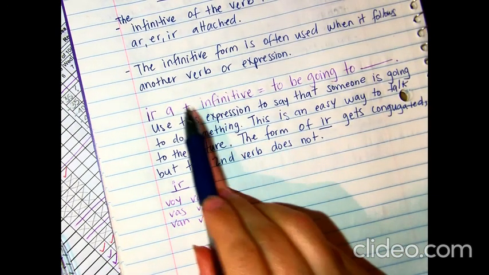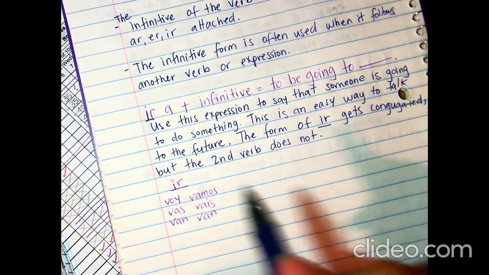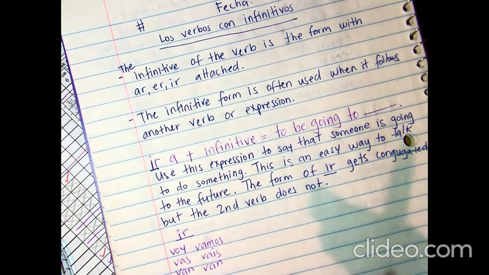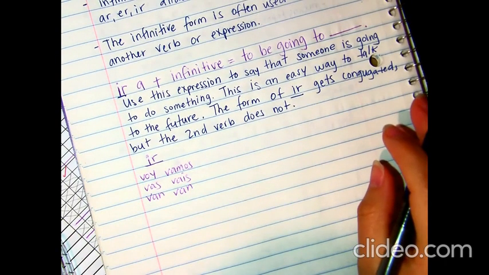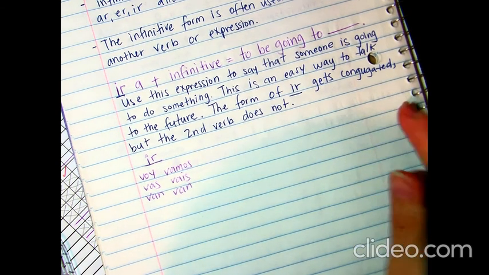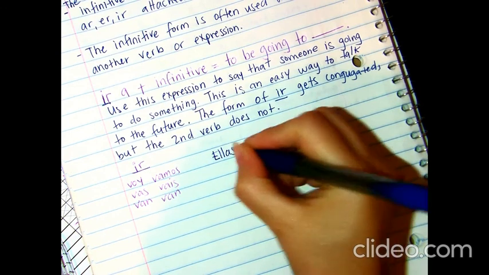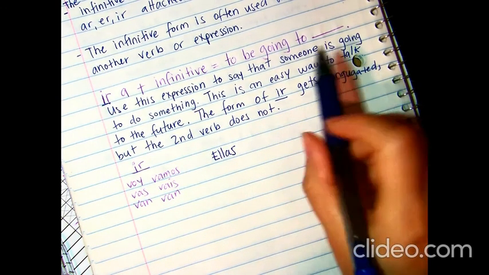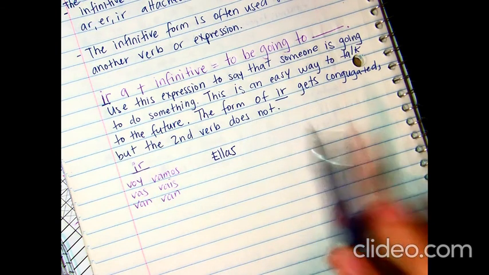Okay? So look over here, our expression is the verb ir, a, plus an infinitive. An infinitive will be any verb that still has AR, ER, or IR attached to the end, right? So if you want to say, the girls are going to eat a hamburger, I'm going to say ellas. I cannot say ir. I need to conjugate the form of ir.